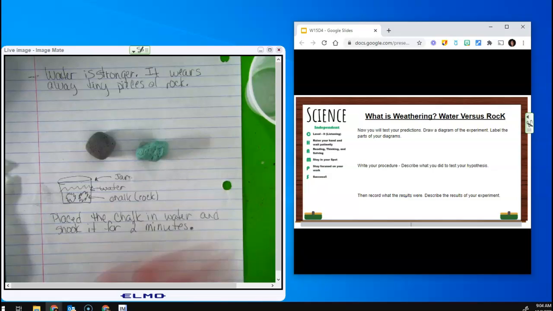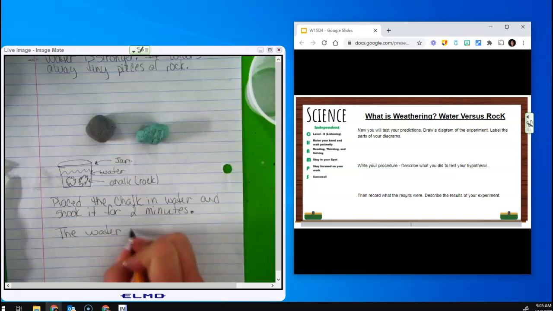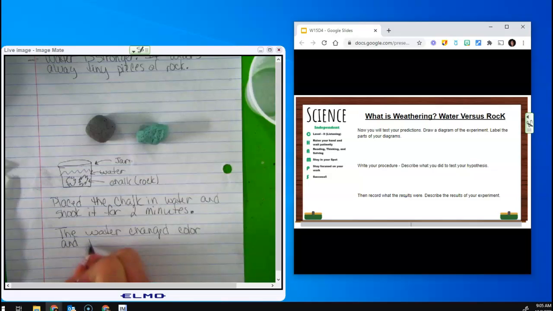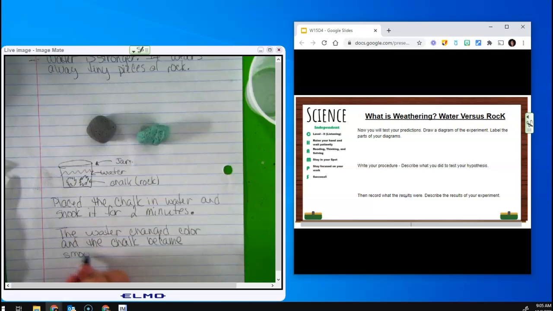And what was the result? The water changed color and the chalk became smoother. Yes? Are y'all with me?